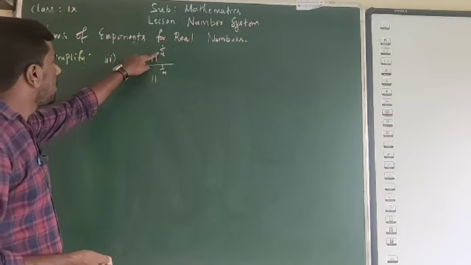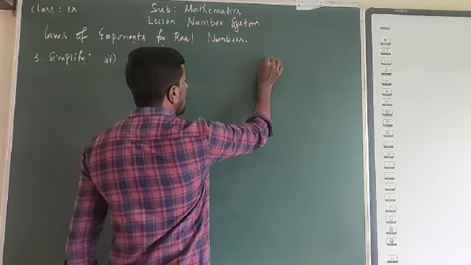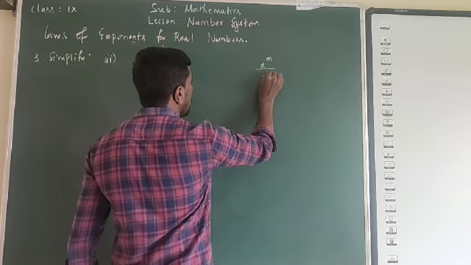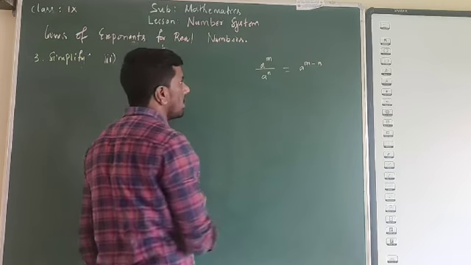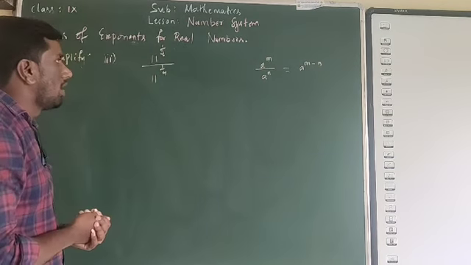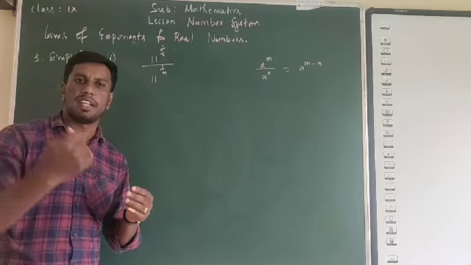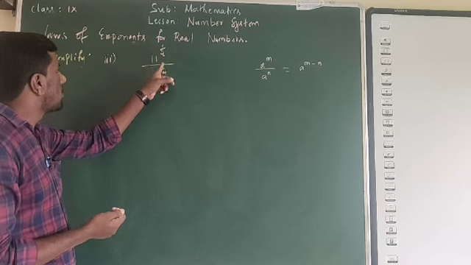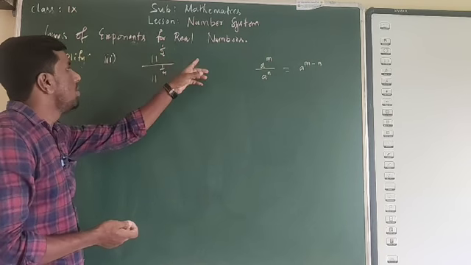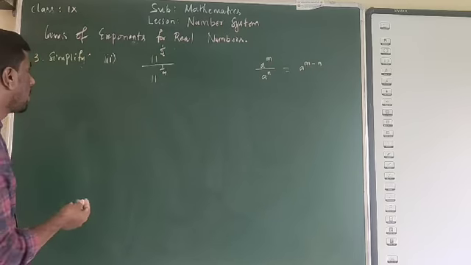Bases are the same, it is divided, and the powers are different. We know that a to the power of m divided by a to the power of n can be written as a to the power of m minus n. Correct? Here also the bases are the same and the powers are different. It is divided, so you need to subtract the powers by writing a common base.